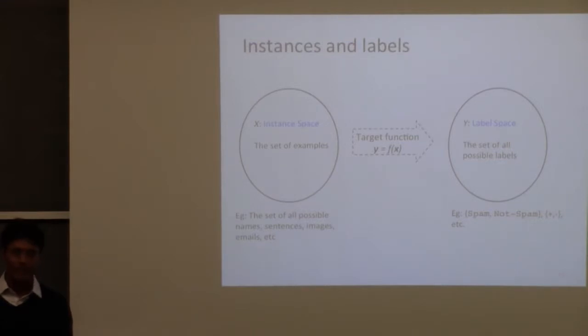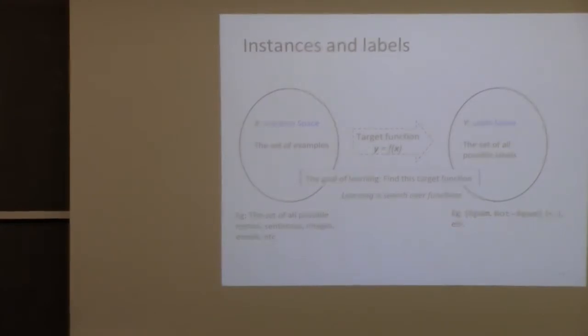And the goal of learning is simply to find this target function. Okay? You guys wanted to find the function that generated the badges data. So effectively, you can think of learning as search over functions. Functions also form sets. And learning is simply search over that set for the function that most agrees with your training data. Is that okay?